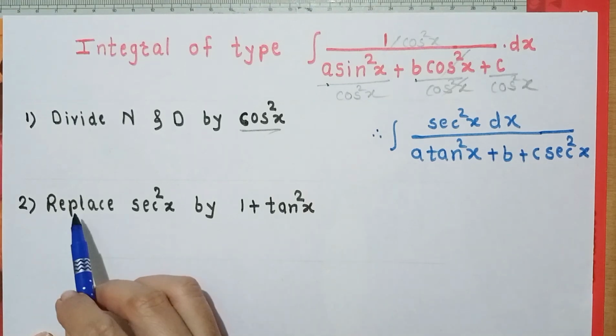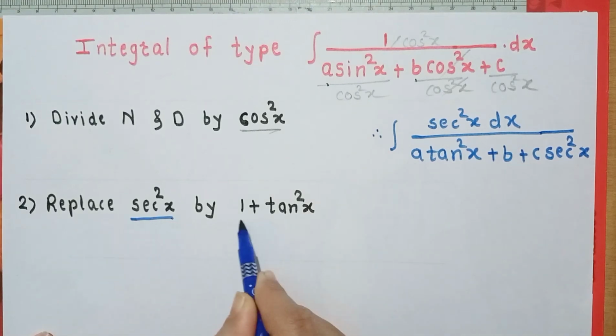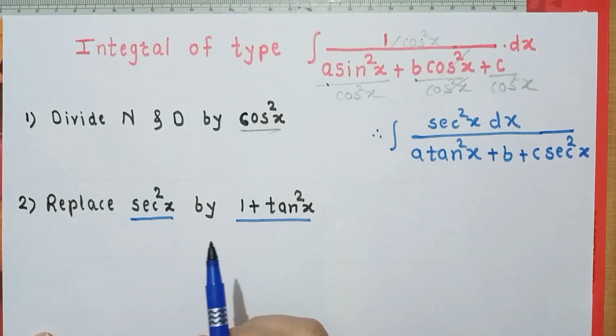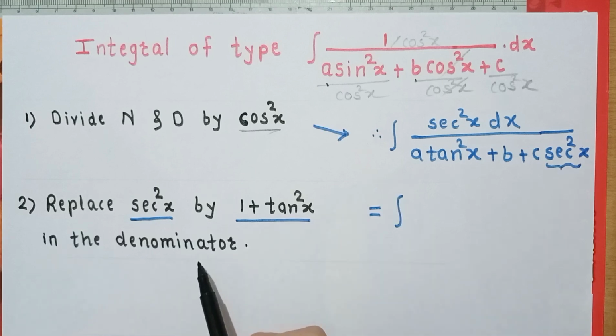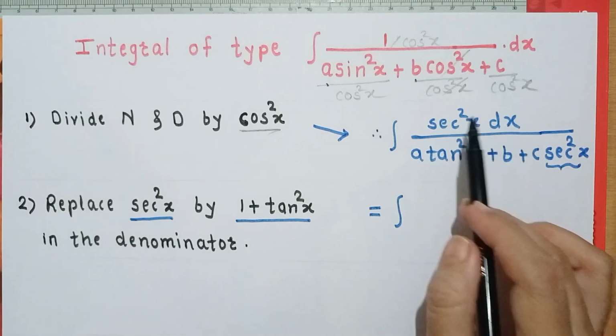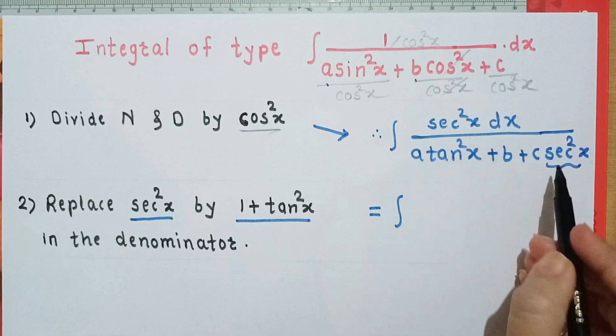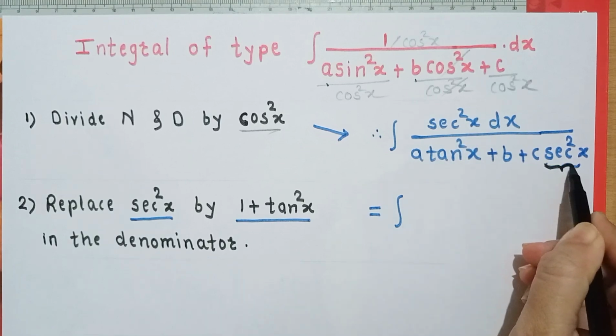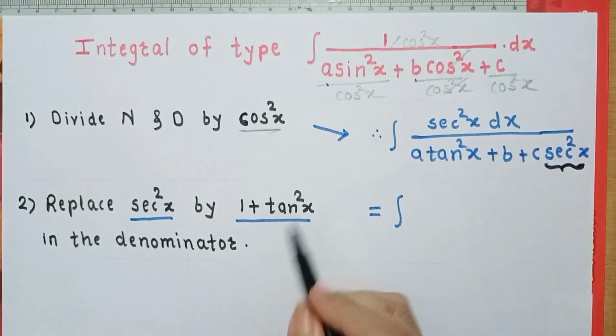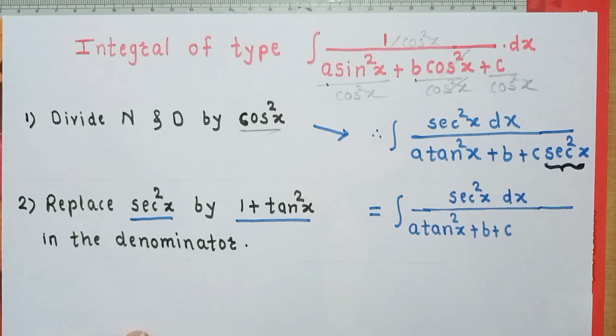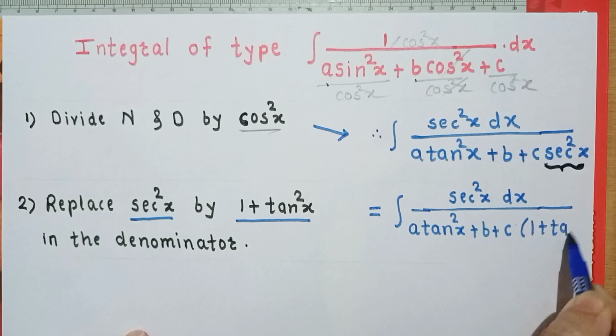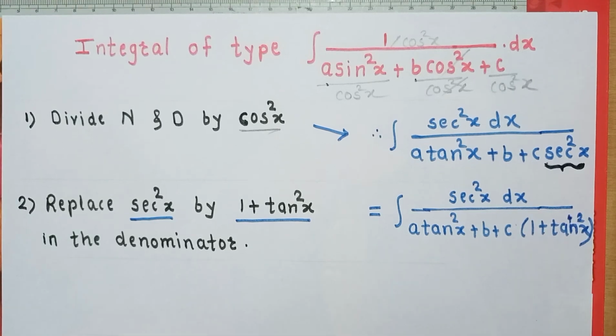Now the next step is to replace sec square x by 1 plus tan square x in the denominator only. In the numerator we will keep it as it is. In the denominator we will replace this by 1 plus tan square x, and here we will write 1 plus tan square x like this.